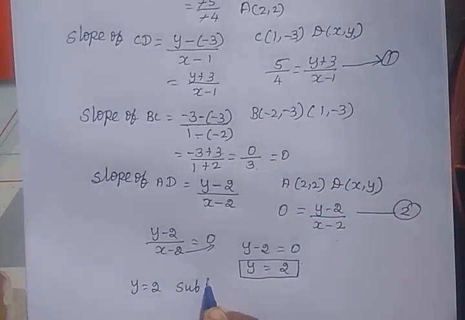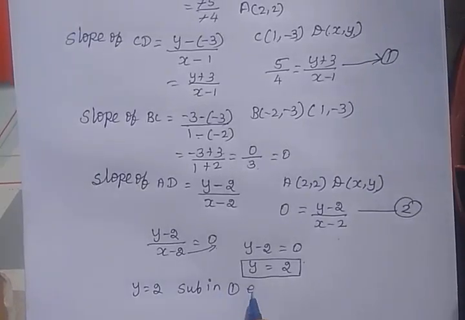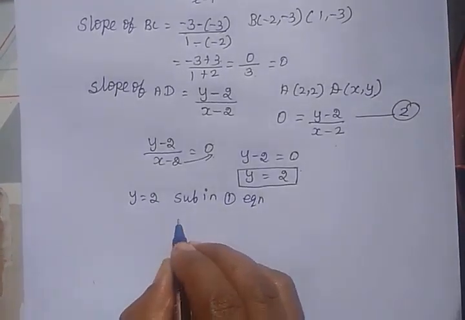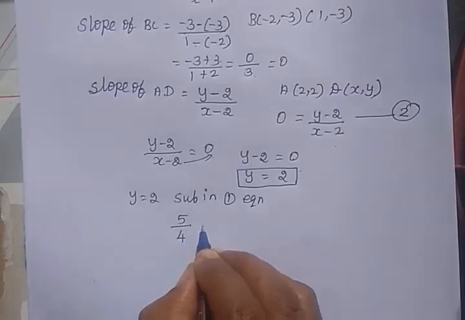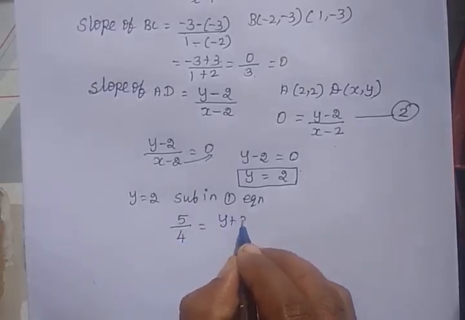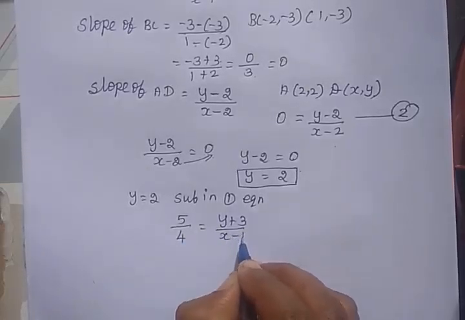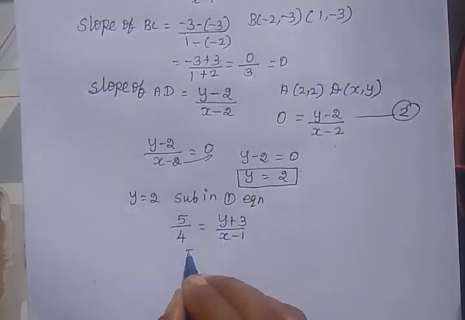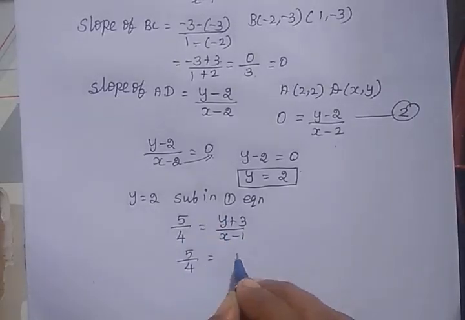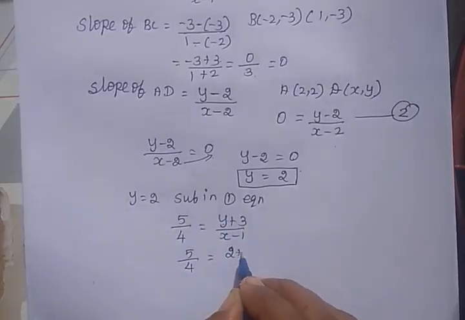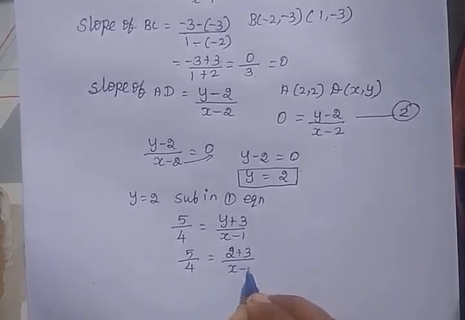Substitute in the first equation. That is 5 by 4 is equal to (y plus 3) by (x minus 1). y is 2. So 5 by 4 is equal to (2 plus 3) by (x minus 1).